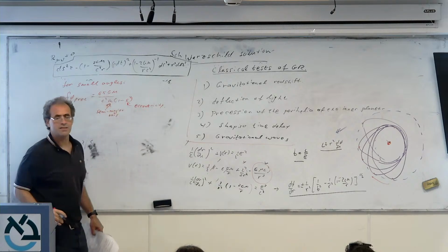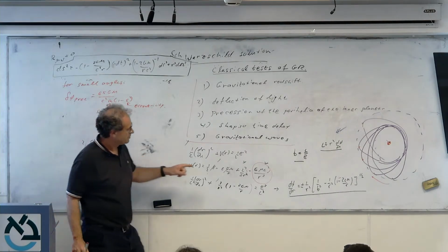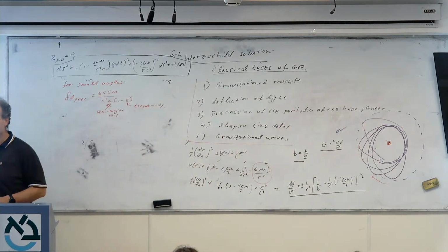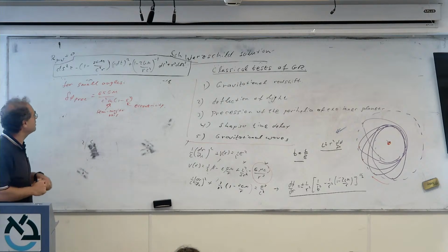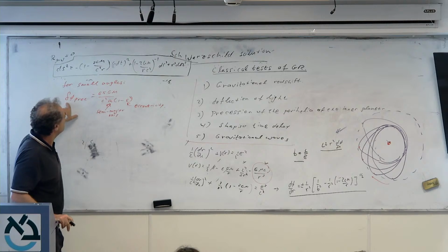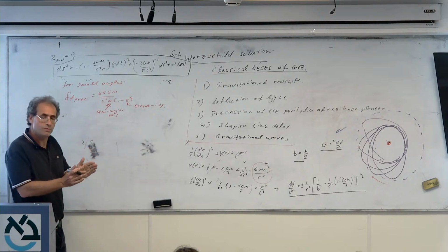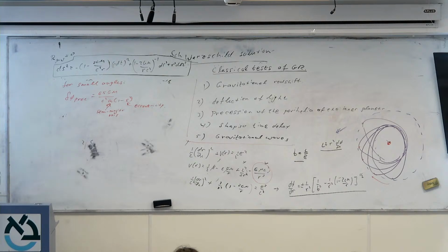Okay. If you're not fully familiar with Keplerian motion or you want to refresh your memory, this is the right time to do it, because we're talking about how the GR effect differs from Keplerian motion. And of course, needless to say, this is largest for small a. This applies to all planets, but when a, the semi-major axis, is small, it's easier to detect.